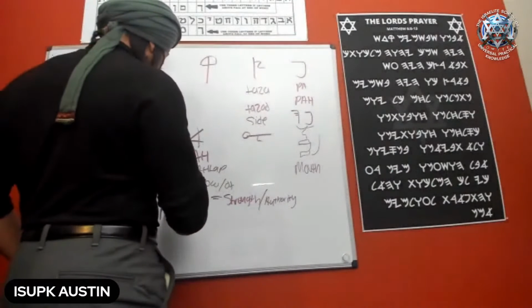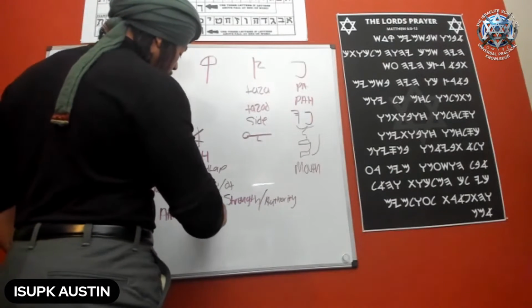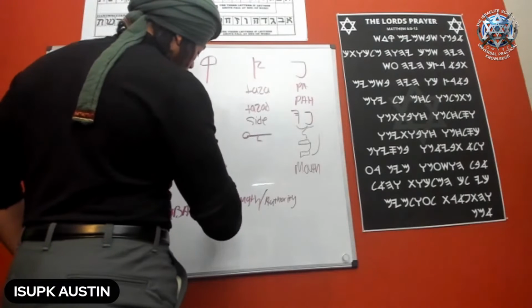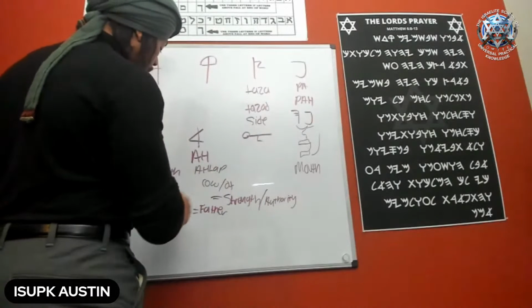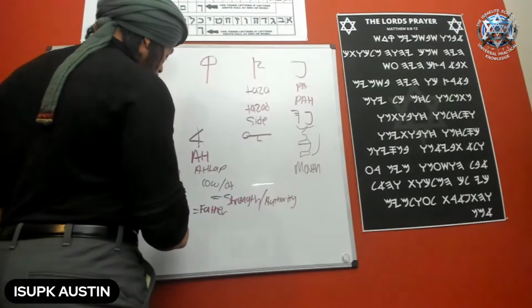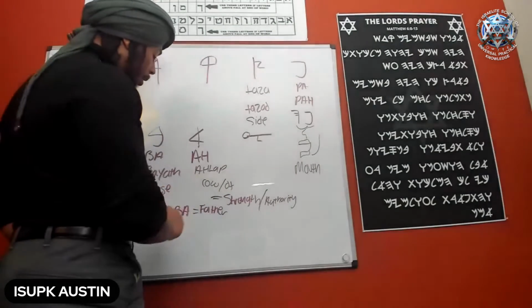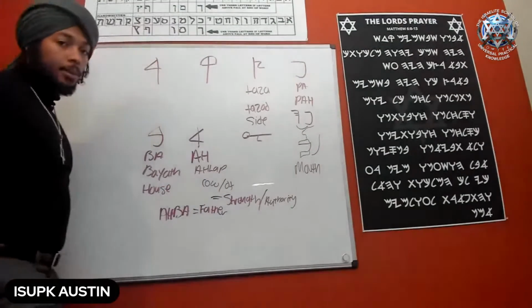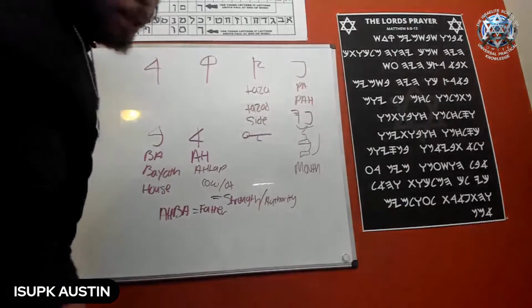Abba means father, which is what? He has authority or strength over the house. That's what Abba is, right? See what that is, right?